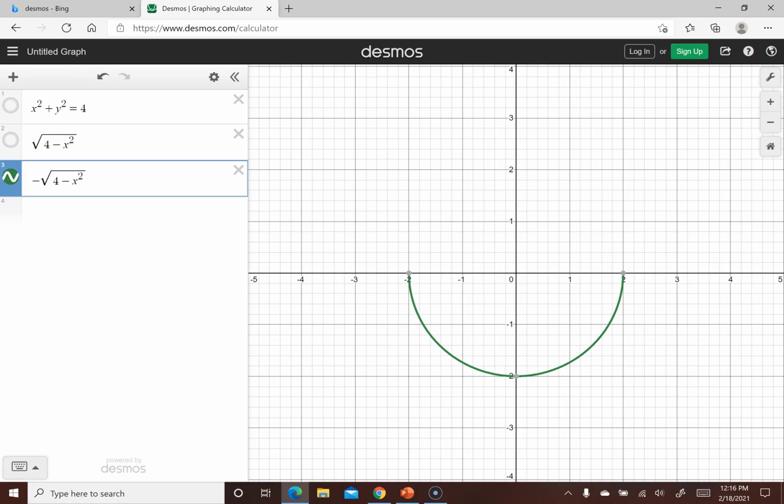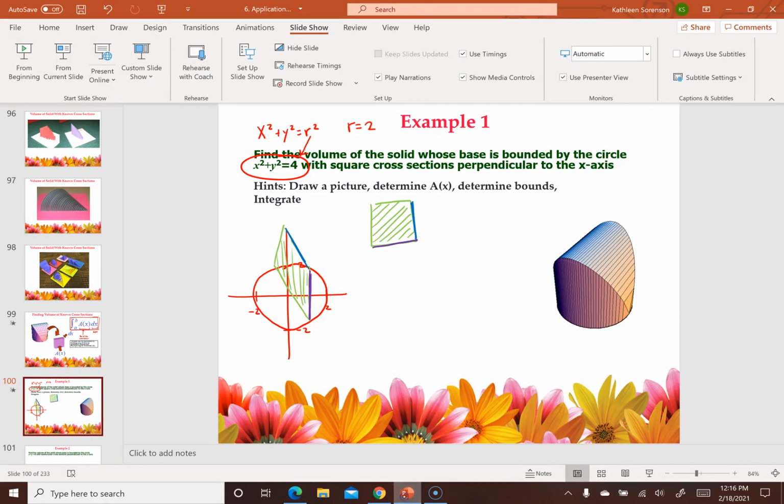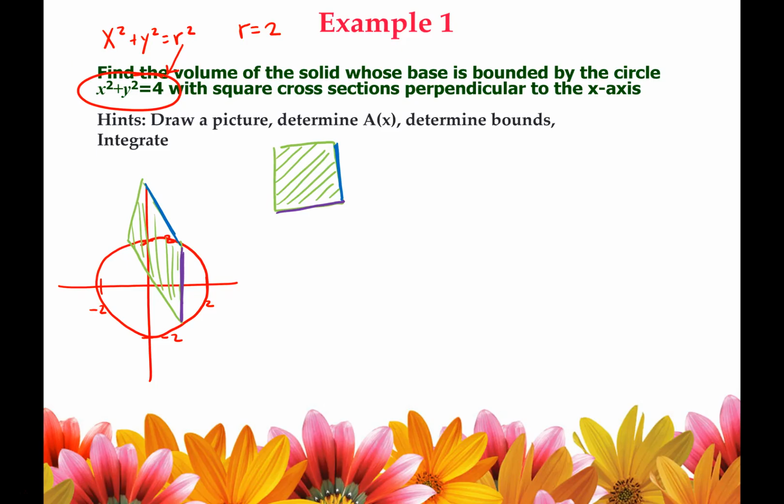And if you're wondering how I found that, I basically solved for y. So going back here, if I solve for y, I get y squared is equal to 4 minus x squared. Then I square root both sides, and I get y is equal to plus or minus the square root of 4 minus x squared.